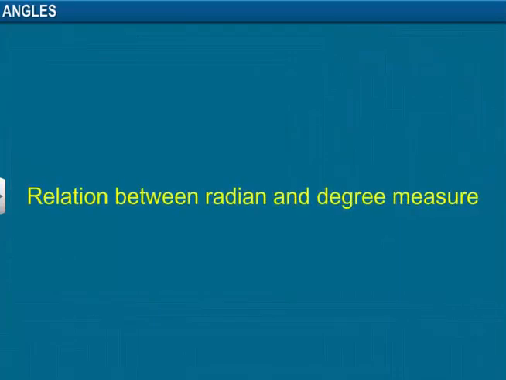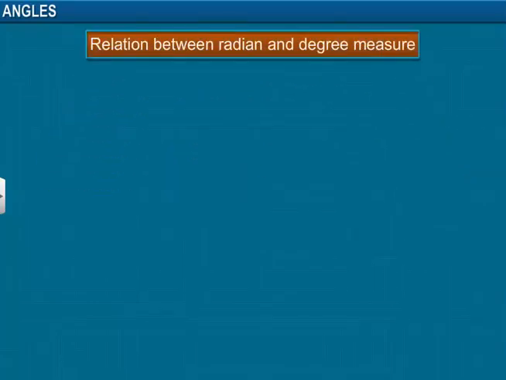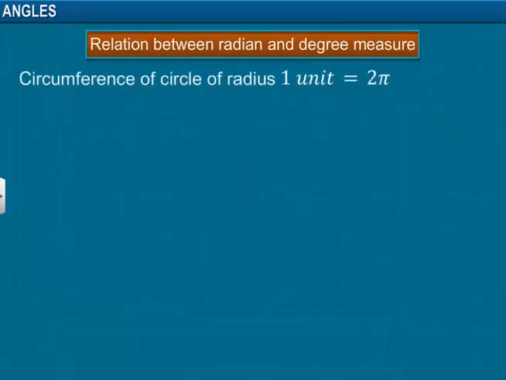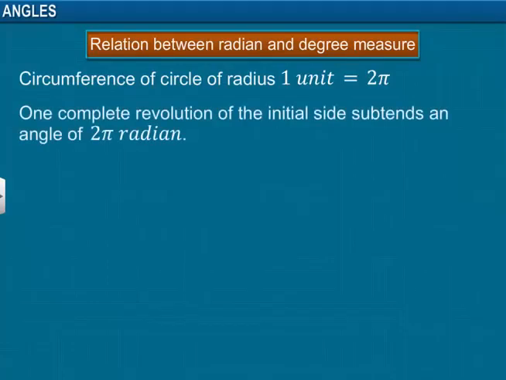Let's now compare radian measure with degree measure. Consider a unit circle. We know that the circumference of a circle of radius 1 unit is 2 pi. We also know that an arc of length R of a unit circle subtends an angle of R radians at the center. Hence, 1 complete revolution of the initial side subtends an angle of 2 pi radians.